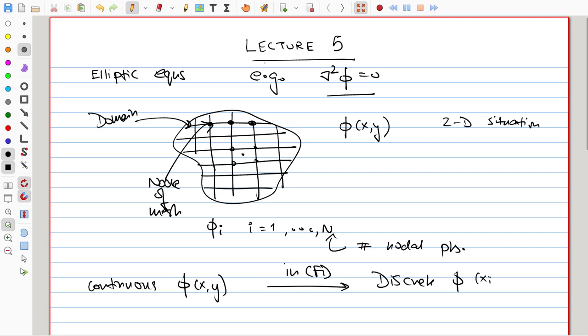So phi at discrete points xi comma yi. So each node point has coordinates, let's say a general coordinate is xi comma yi. Okay. So we will call these discrete phi's as phi i's, where i goes from 1 to n. So that's typically what we are doing in this course. We are trying to find the value of phi at these discrete points. Is that clear?